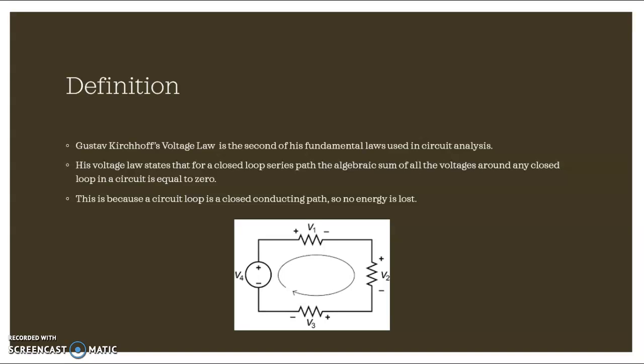And this is because the circuit loop is a closed conducting path, so no energy is lost. If you look at the picture here on the bottom, you see a closed loop circuit, and if you add all the voltages and the voltage source as well, it'll all come out to 0.